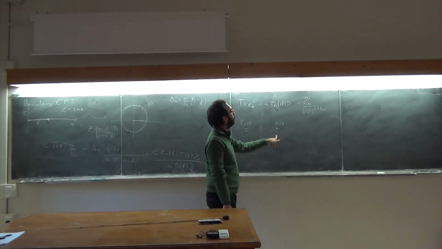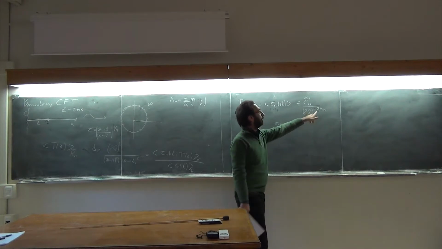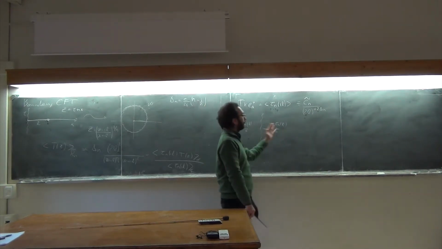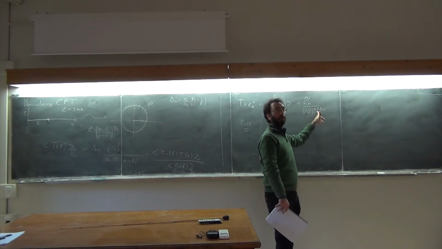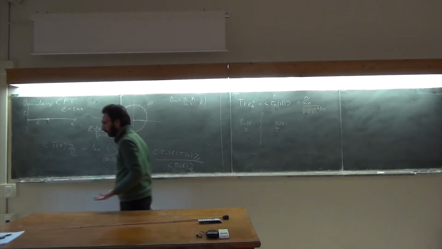So the distance will be 2L and not L, and the fact that there are double the degrees of freedom corresponds to a square root that changes this 4 into 2. Just to give you an intuition of how this formula comes out.